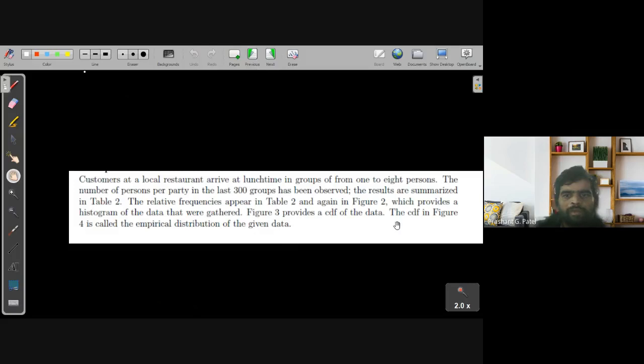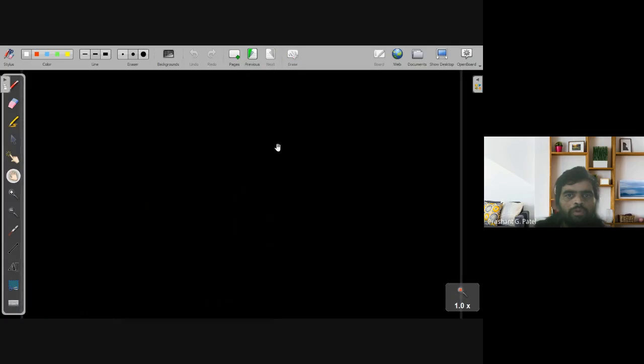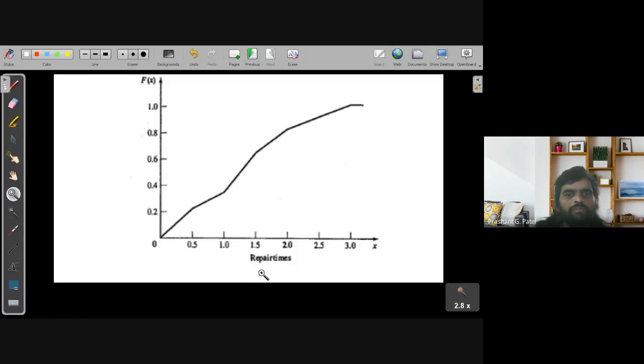So this is the example, and the CDF is given in figure 4, called the empirical distribution of the given data. Figure 4, I will show you. This is the function F versus x, and this is the empirical CDF of the loss and repair time.